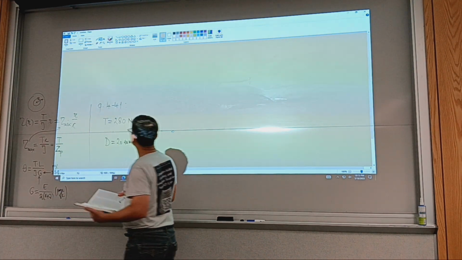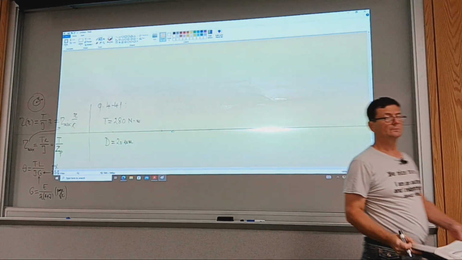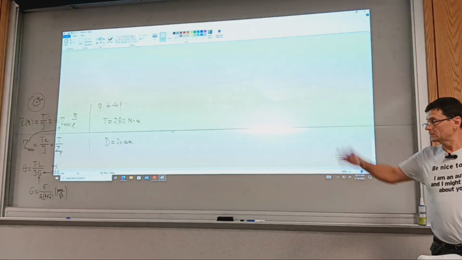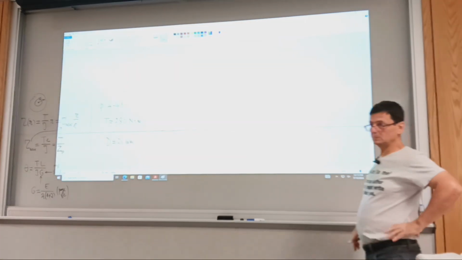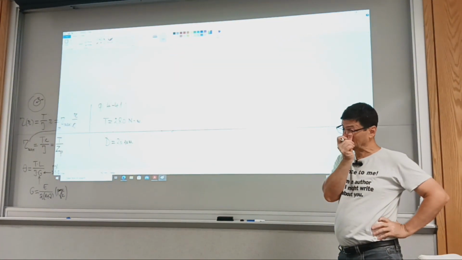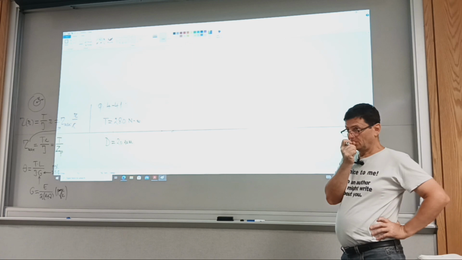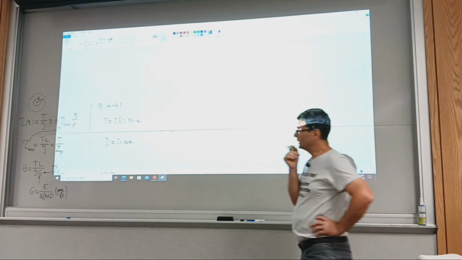Okay, so the equations are to the left. Can you give it a shot before I write the solution on the board? So we're interested in tau max.